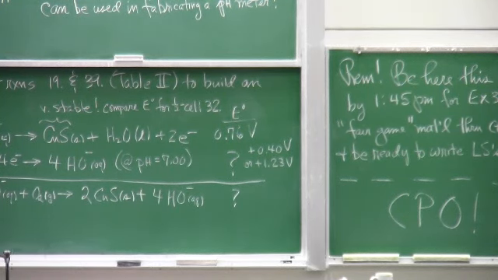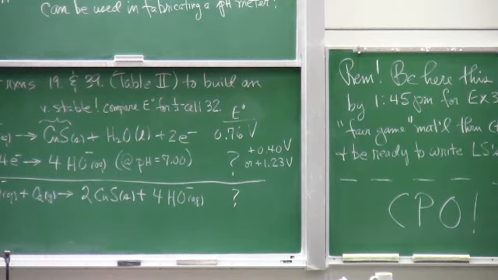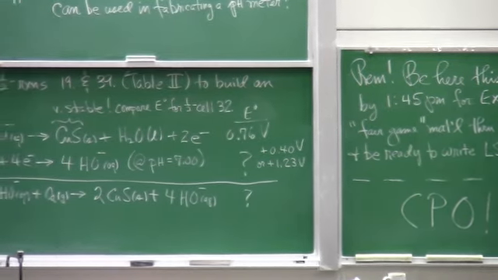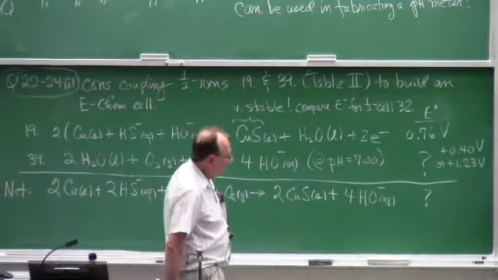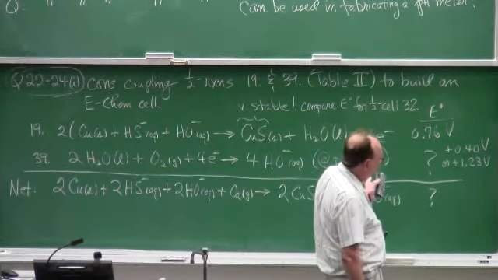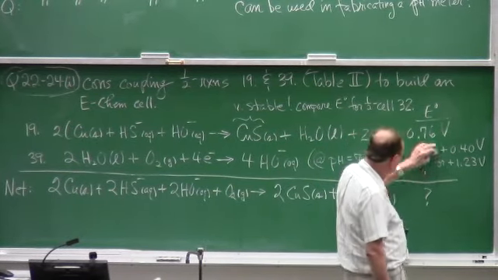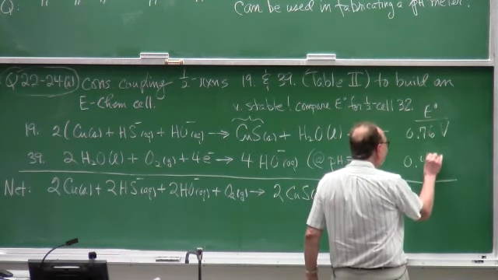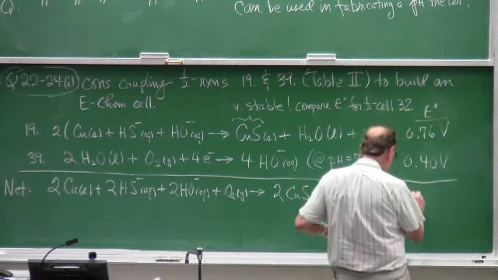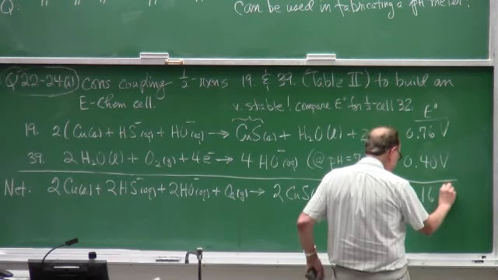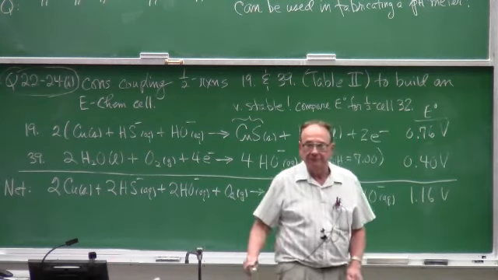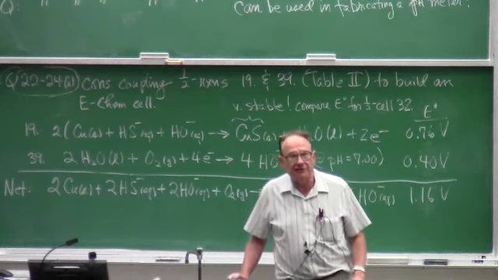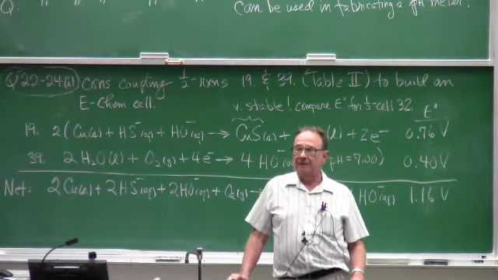Now, just because in my notes, to go further with this, I use this value. I'll do it again. But you could use either value. It will not change the E cell value that you will calculate.